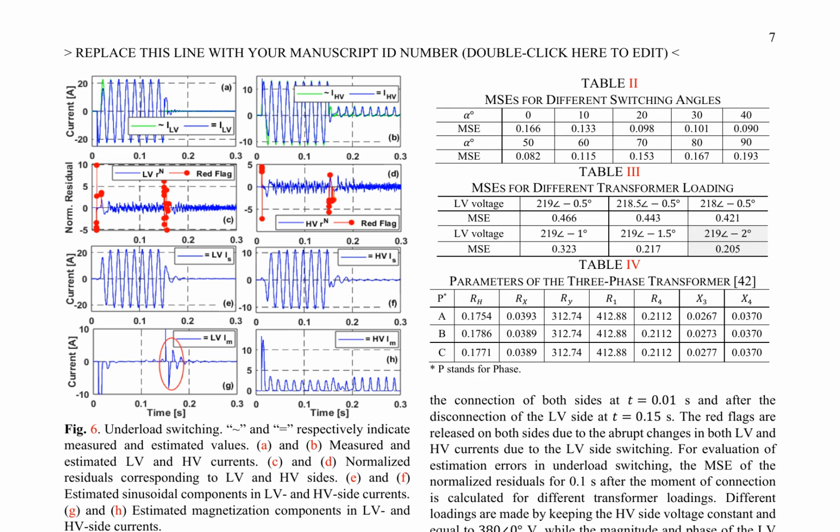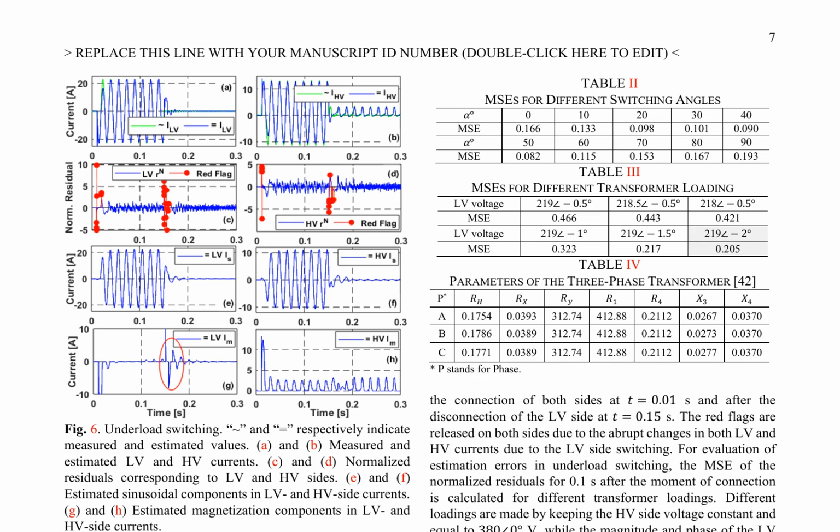The performance of the proposed method in underload switching of the transformer is demonstrated in Fig. 6, where the LV and HV sides of the transformer are switched to sources with different voltages and phases. The measured and estimated LV and HV currents are shown in Figs. 6a and b, respectively, with the transient parts decaying fast as the transformer is under load.